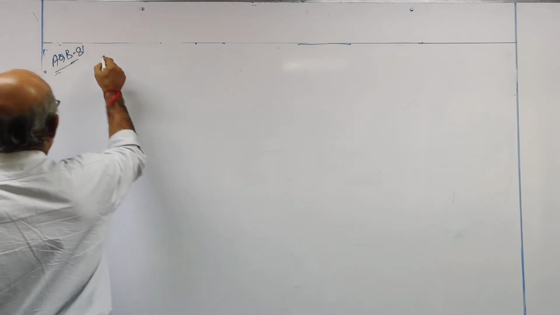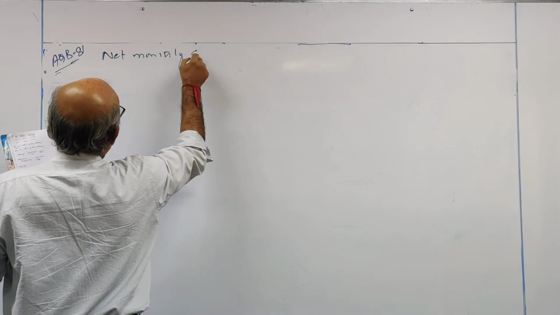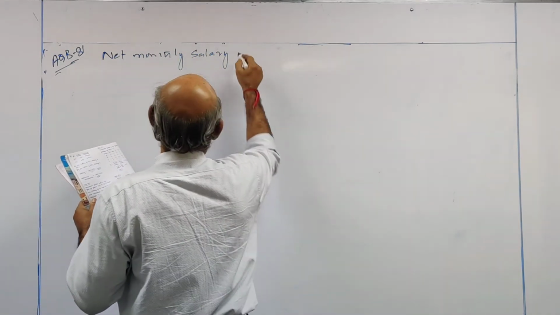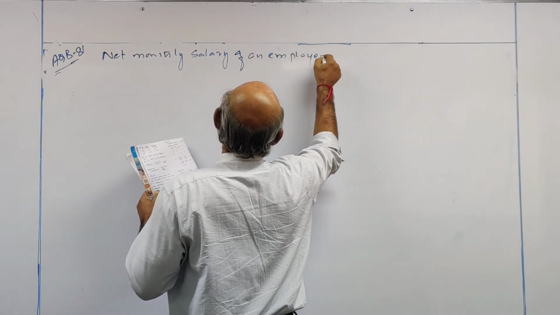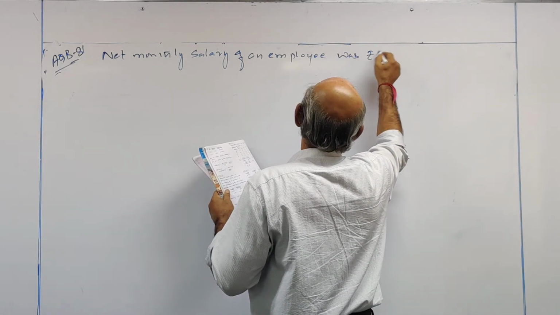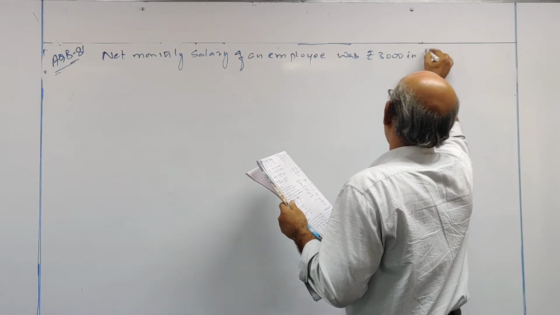Net monthly salary of an employee was rupees 3,000 in 1980.